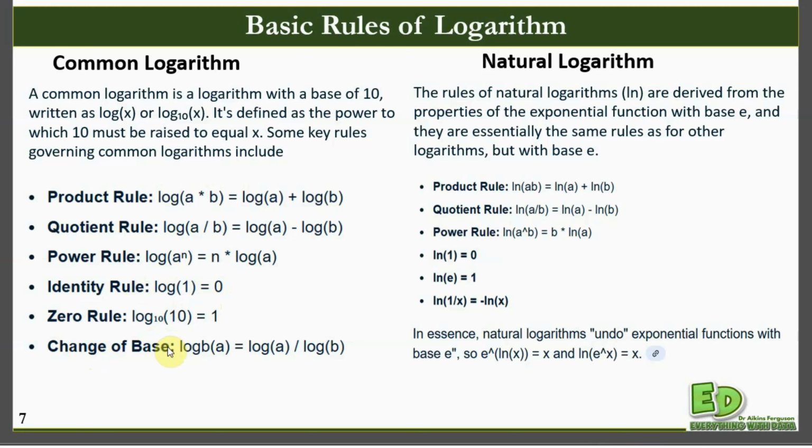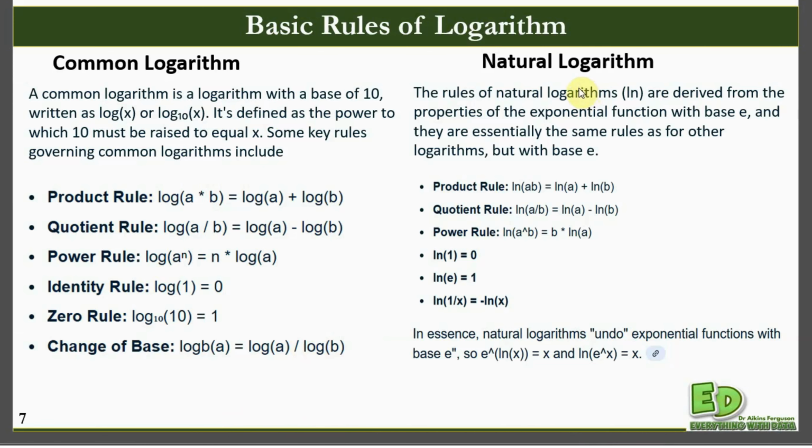Change of base is a rule that lets you convert logarithms from one base to another using a common logarithm. So here you can see that we have log base B of A, it is equal to log A over log B. It's just helping you to convert logarithms from one base to another.